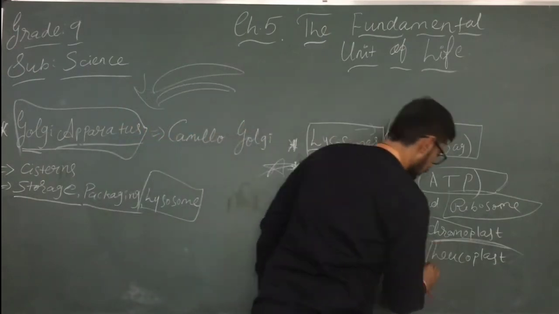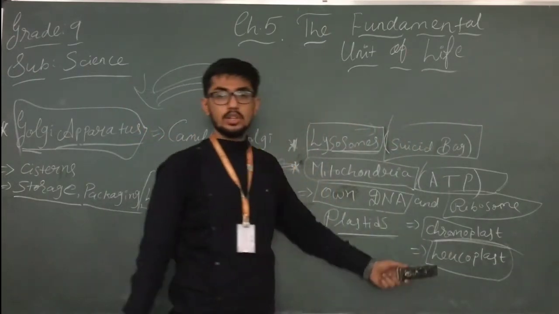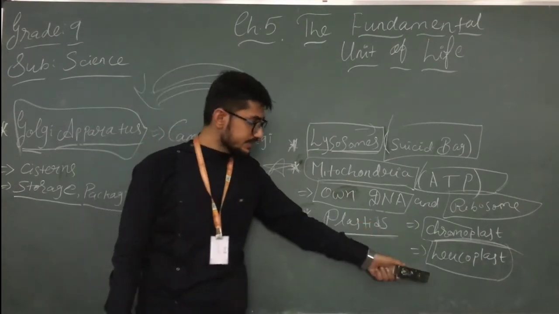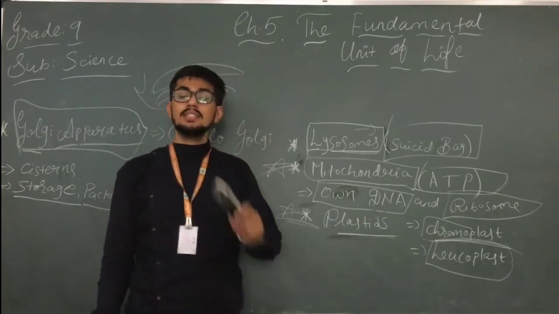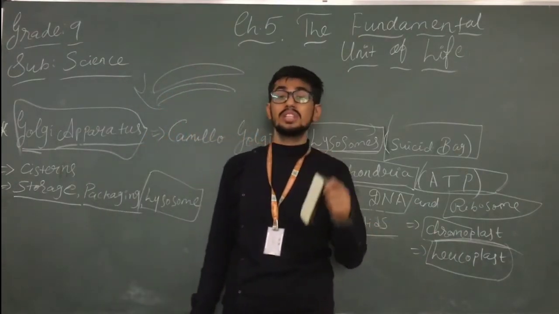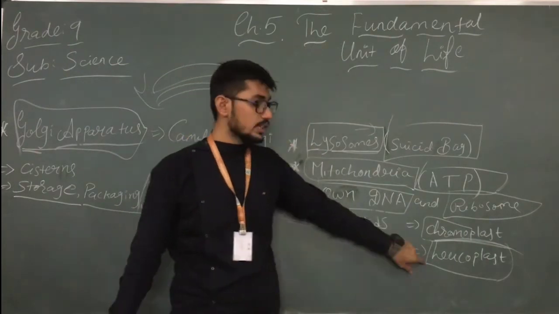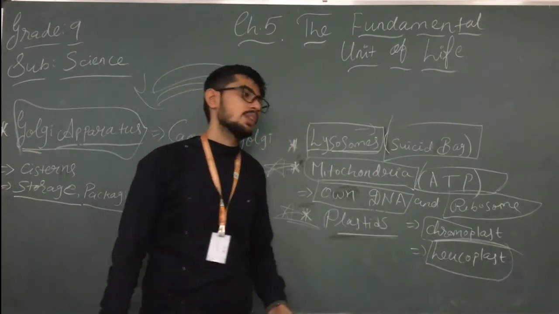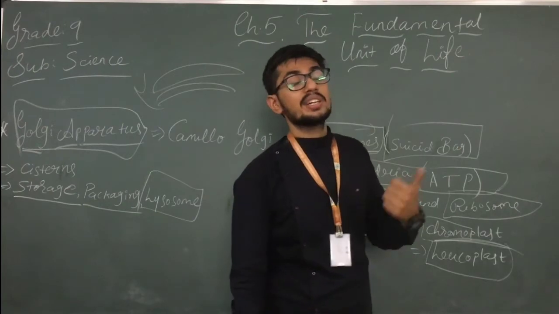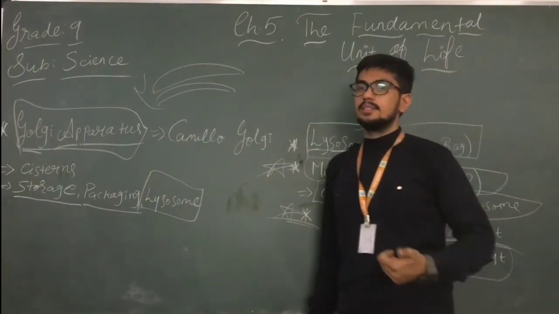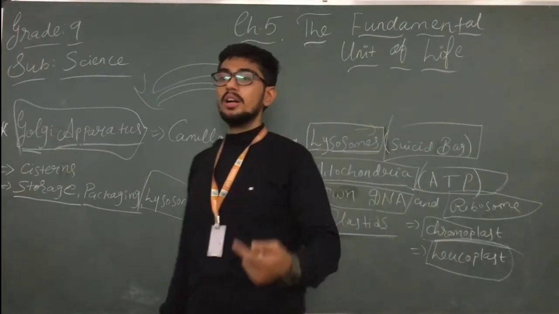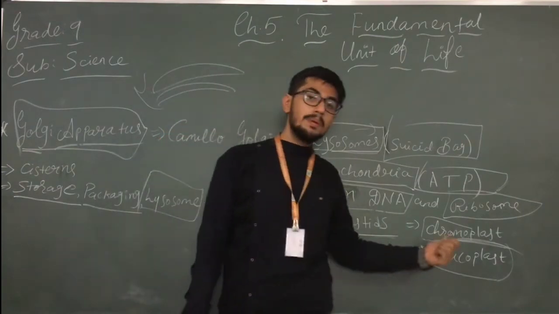Next one is leucoplast. This one is also a plastid, but leucoplast has the function of storage. Now simple thing, वो store करता क्या है? I said the work is storage, but what is going to get stored in a leucoplast?